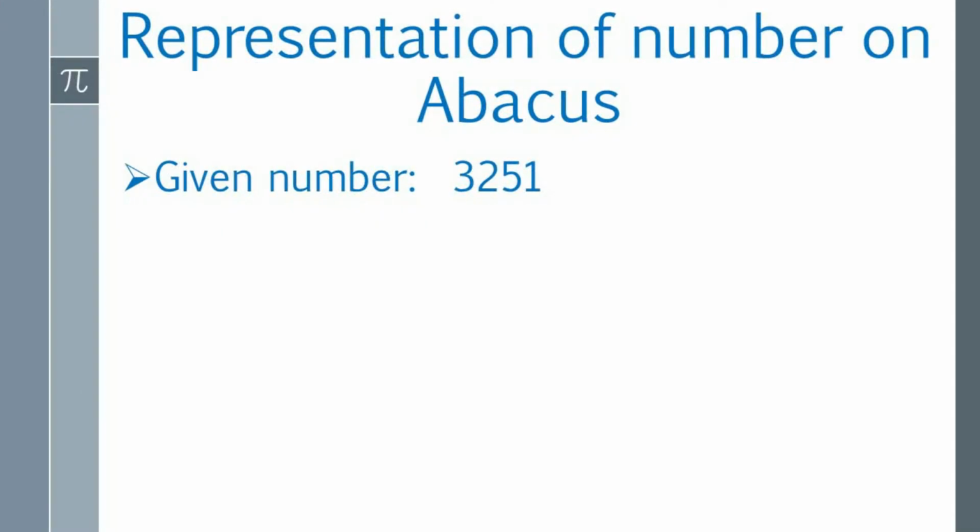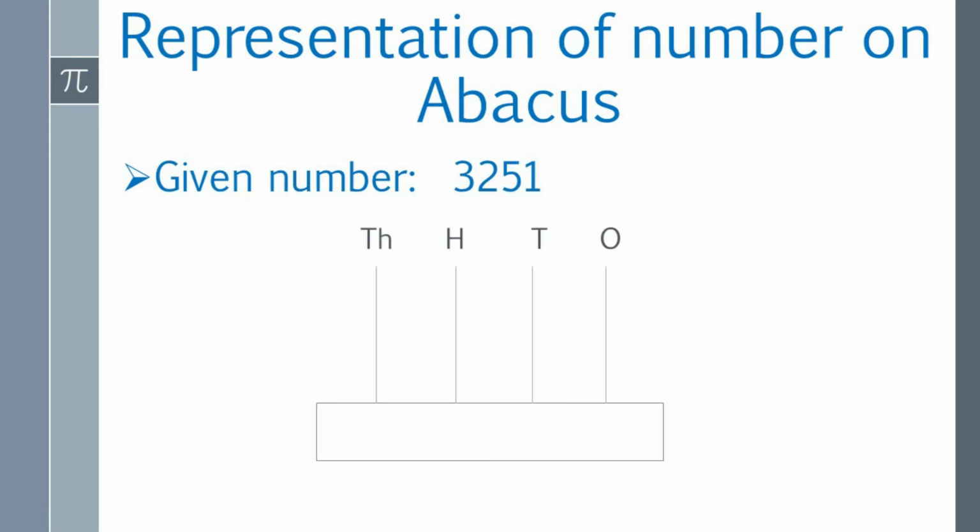Children, now similarly we learn how to represent a given number on an abacus. Let us take an example 3251. We will start from ones place, which is 1. So we will put 1 green bead at ones spike. Similarly, we have 5 at tens place.